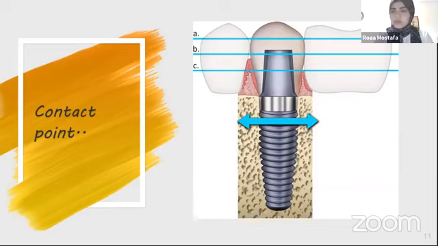First of all, the position of the implant. If the implant is too mesial or too distal, the contact point of course will be affected. And concerning the restoration, the contact point should be more occlusal than middle or gingival, because it allows for more oral hygiene and allows me as a dentist proper diagnosis, putting the probe and so on.